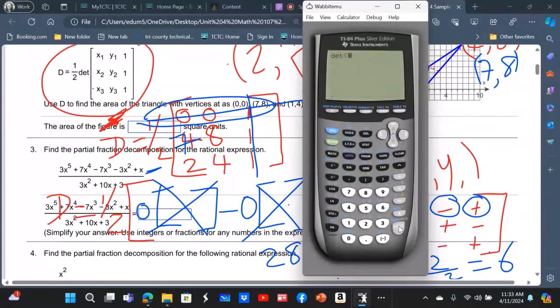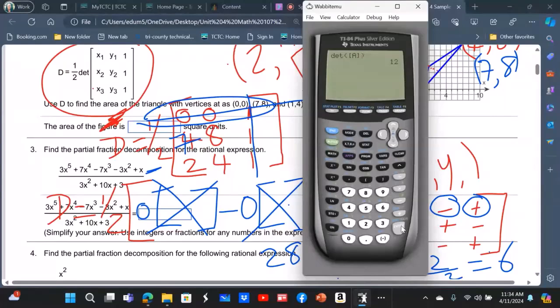When I select that, it asks me which matrix I want to find the determinant of. My matrix is in matrix A, so I select it. Notice that it is a 3 by 3. We close parentheses and enter. Remember that when I get my answer, I'll divide it by 2.